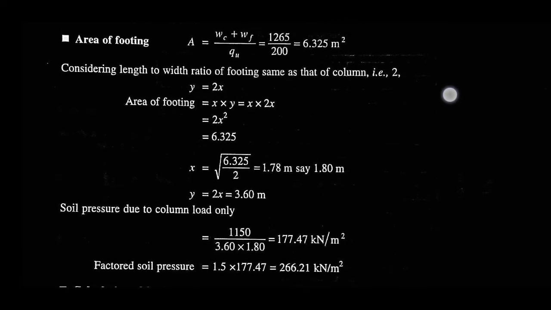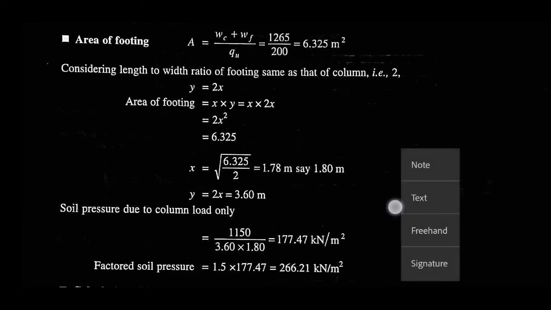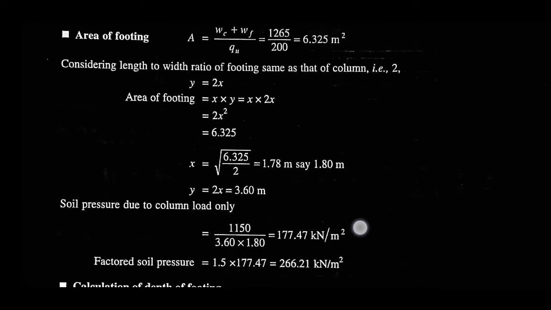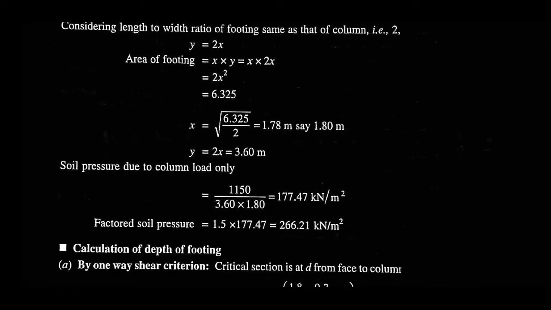Now the soil pressure due to column load is 1150 by 3.6 into 1.80, that is equal to 177.47 kilonewton per meter square, and to make it factored just multiply by the factor 1.5. So that is equal to 266.21 kilonewton per meter square. Okay. So this is the soil pressure.